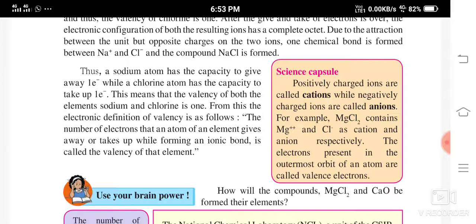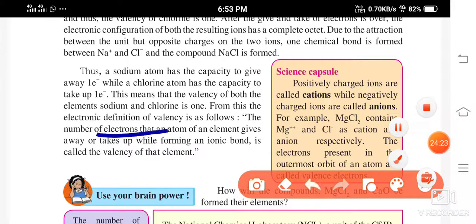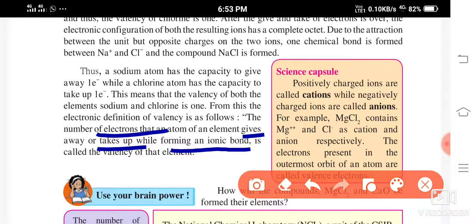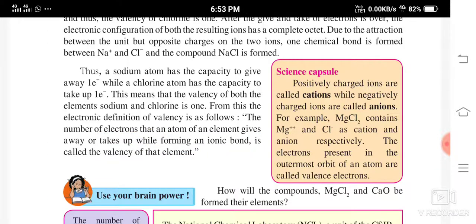So what is the definition of the valency of the element? The number of electrons that an atom of an element gives away or takes up, and an ionic bond is formed between them. That is called the valency of that element.